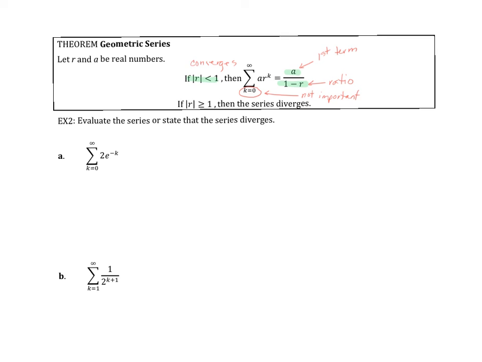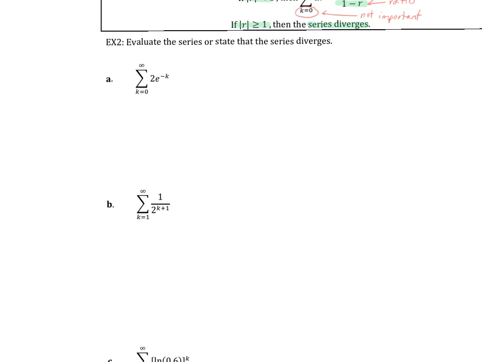Now, in the event that the absolute value of r is greater than or equal to 1, then our series is going to diverge. Let's look at example 2a and evaluate the series, or state that the series diverges. One thing I could do is write the expression so it looks like a times r to the k. That way I can identify my a and my r.